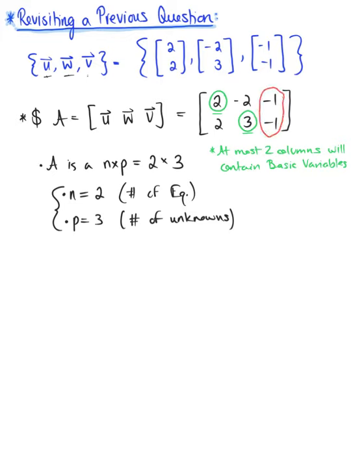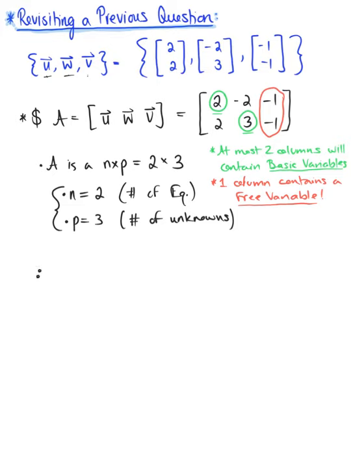While at most 2 of these columns will contain basic variables, we still have 1 column that contains a free variable. We are assuming, again, that we have 2 pivot positions here, at most 2 basic variables. But even if we have 2 basic variables, 1 free variable still exists. So the homogeneous equation has a non-trivial solution.